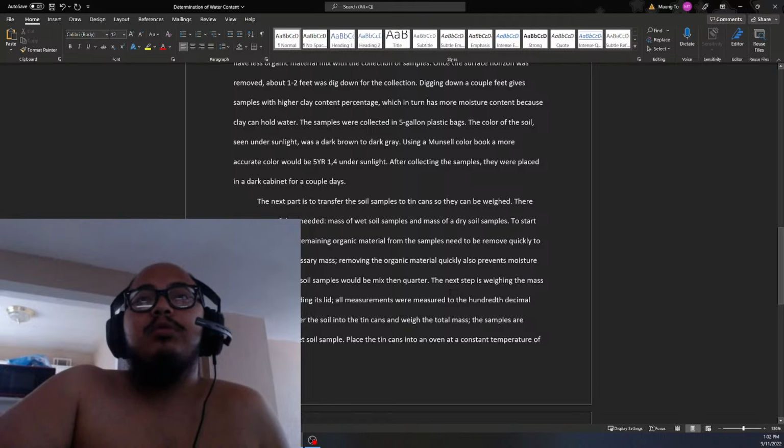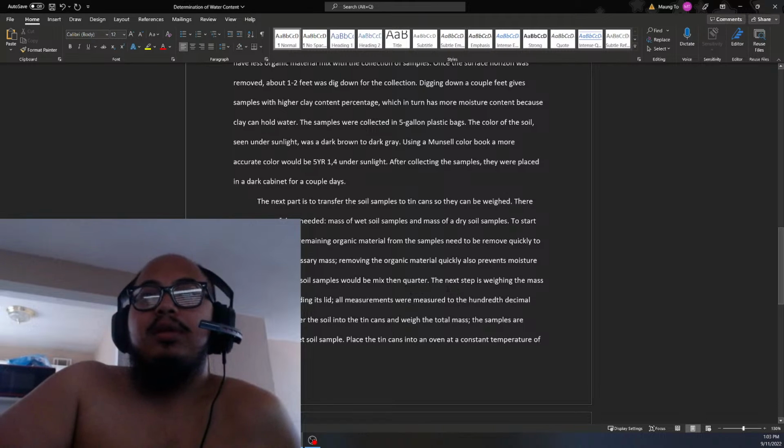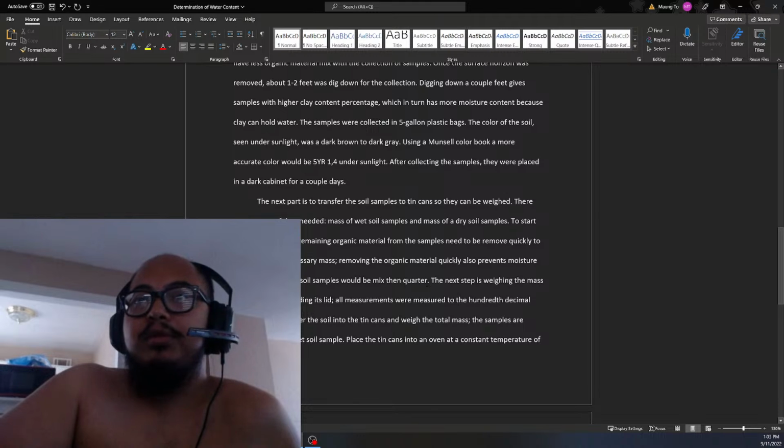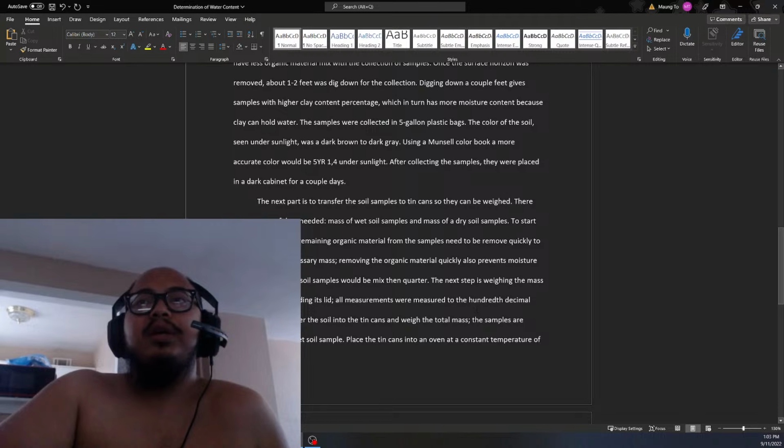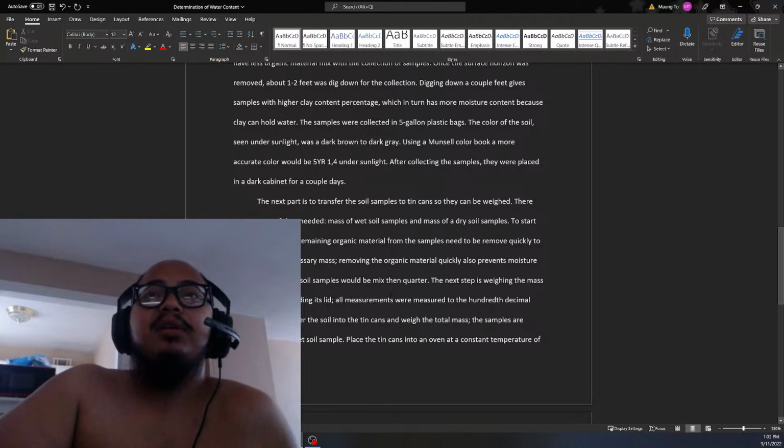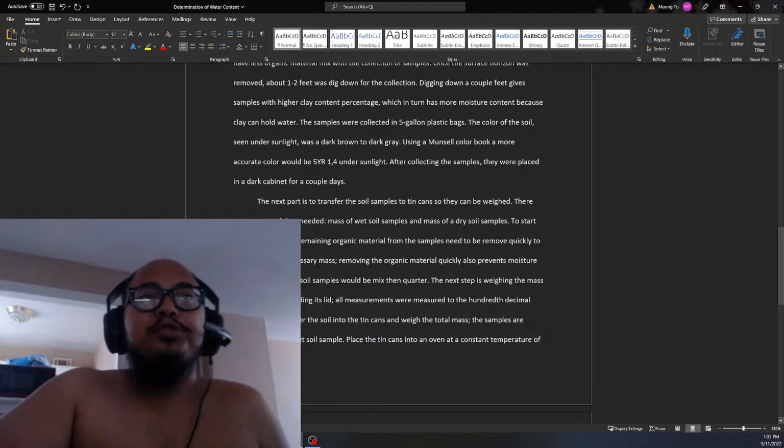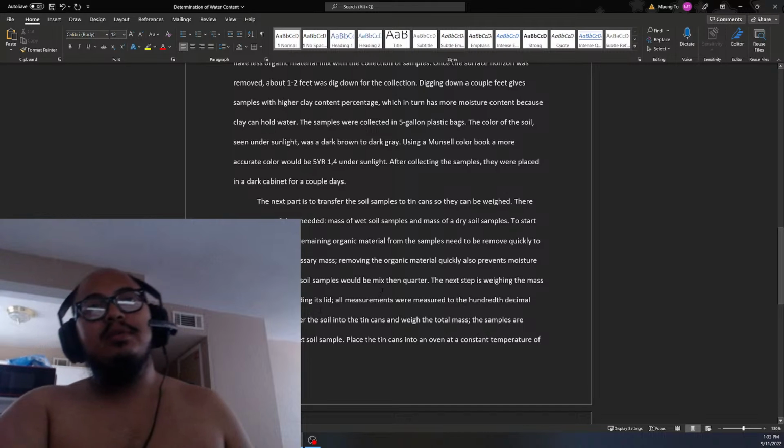Afterwards, the soil samples were mixed, then quartered.